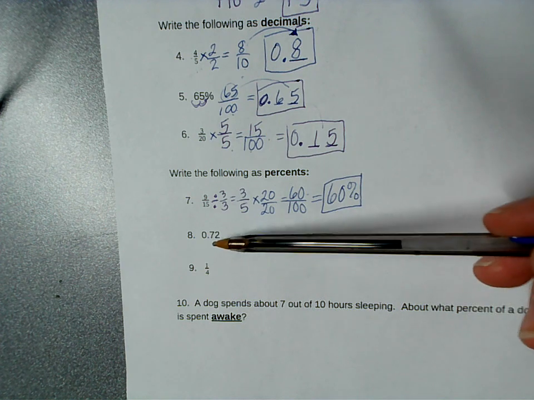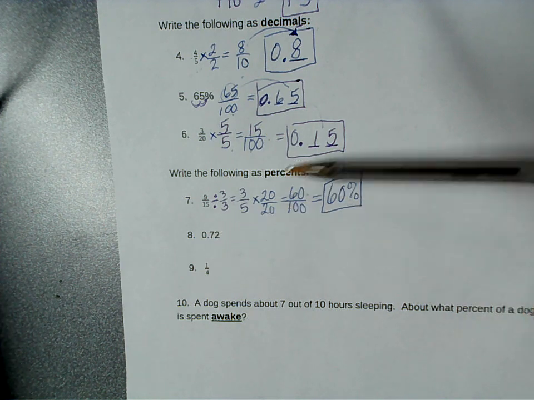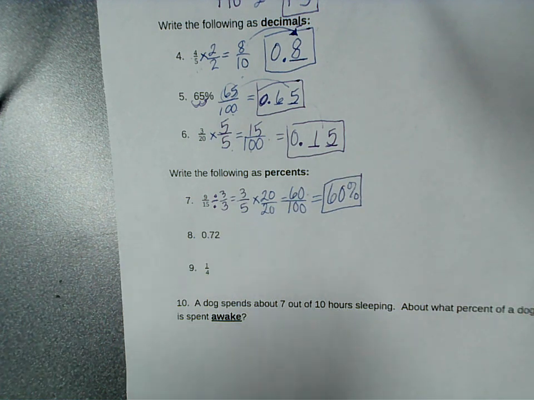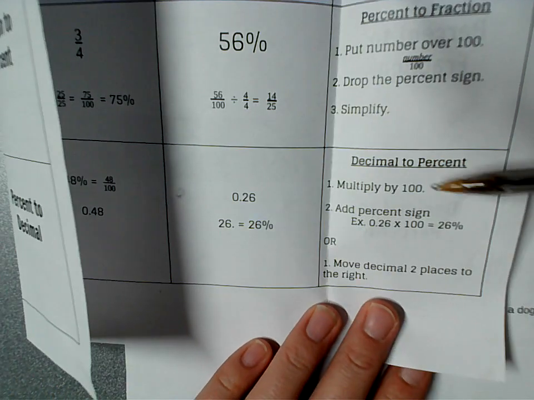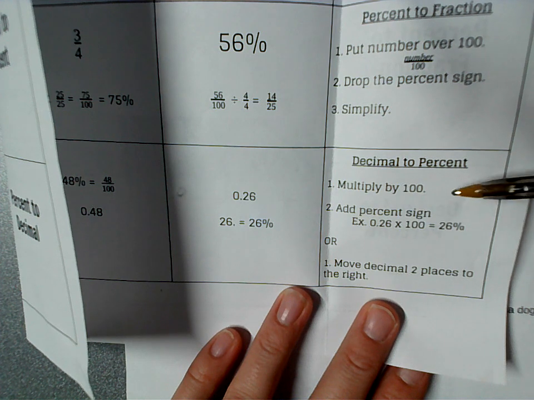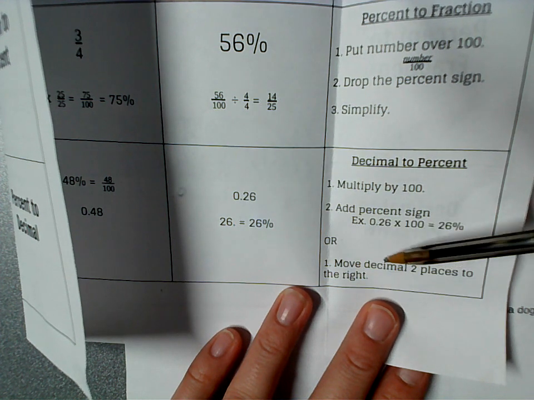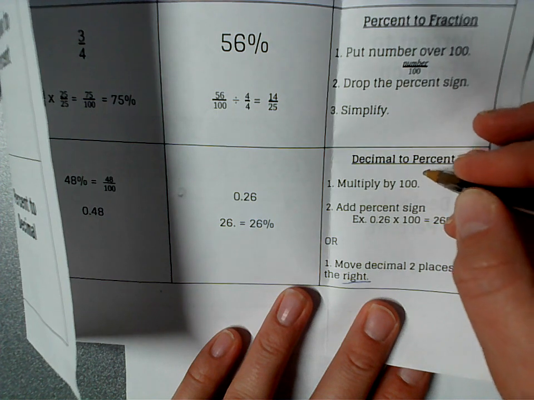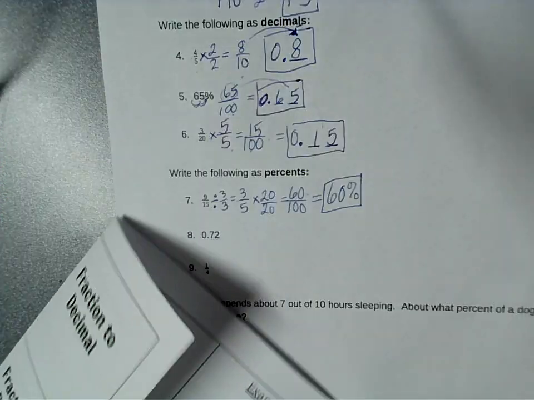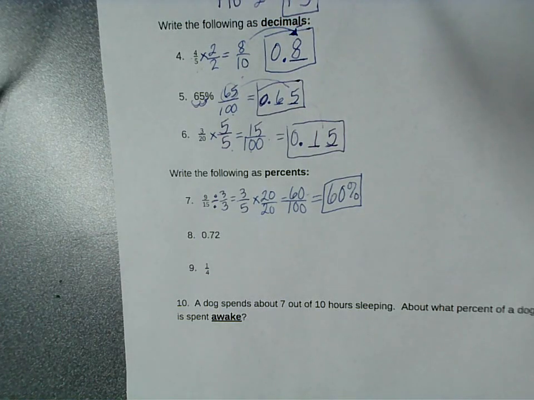Okay, the next one, number 8, is a decimal to percent. All right, where's that at on my foldable? Here it is. Multiply by 100, add the percent sign, or move the decimal point 2 places to the right. There's an R in percent, so we're going to go to the right. I'll show you both ways.